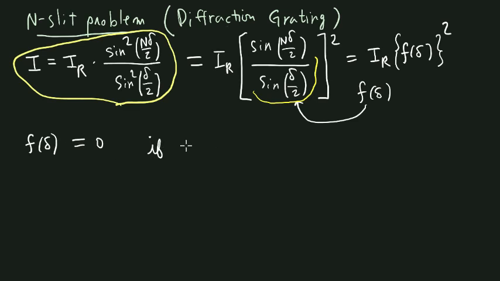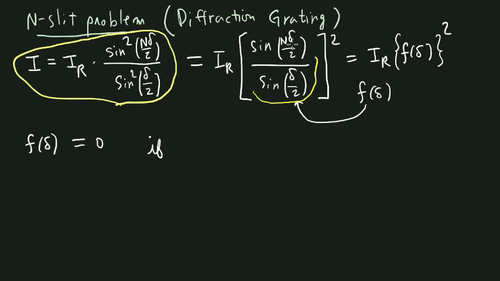So let's actually make that statement. So when is sine 0? Sine is 0 when the argument is 0, pi, 2 pi, 3 pi, 4 pi. So when this argument is an integer times pi, sine is 0, right?